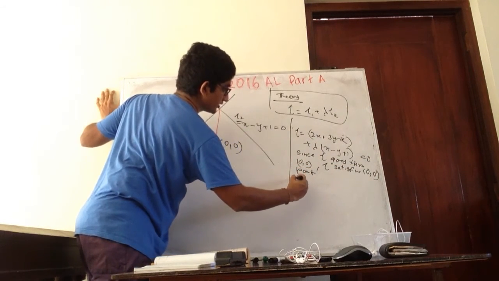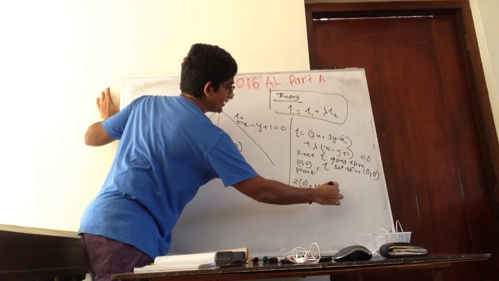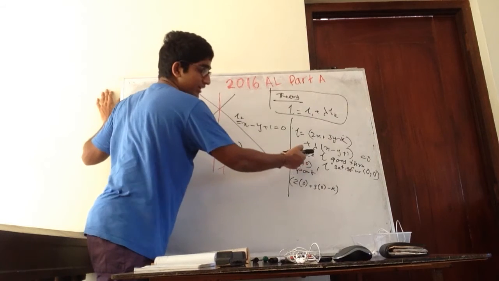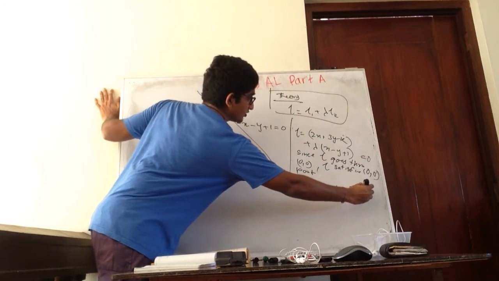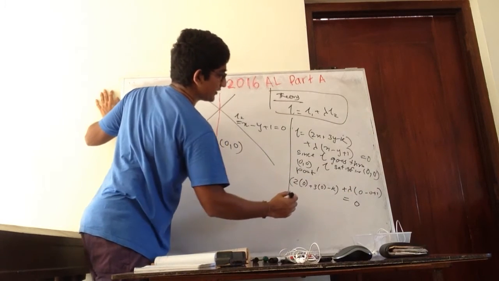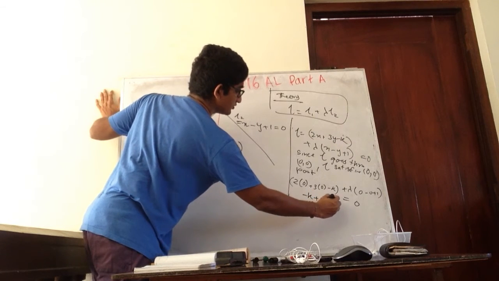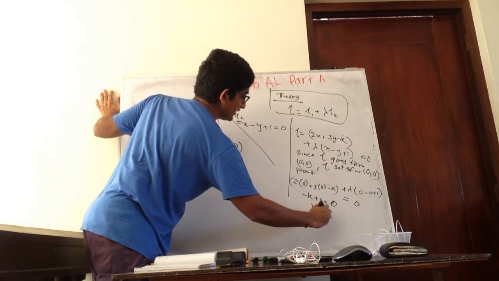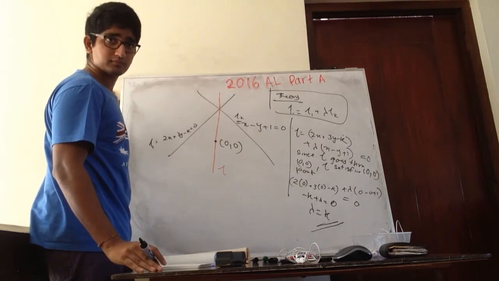If you put here 2 times 0 plus 3 times 0 minus k, so I am substituting 0, 0 here, plus lambda times 0 minus 0 plus 1 is going to be equal to 0. That means minus k plus lambda is going to be equal to 0. So lambda is going to be k.